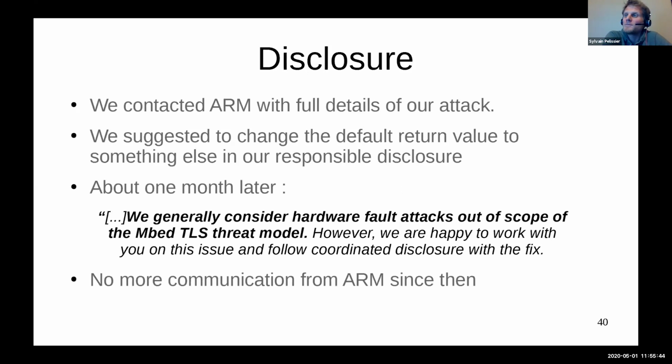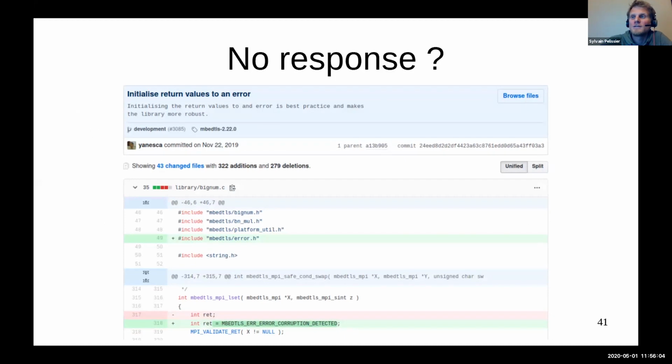We got a response from ARM saying that they generally do not consider hardware fault attacks in their threat model, but they were happy to work with us on this issue. And from this message, we got no more communication from ARM. However, we noticed that in the code, they changed the way they initialize the return status. They created a new status, called error corruption detected, which is a nice way of secure coding.